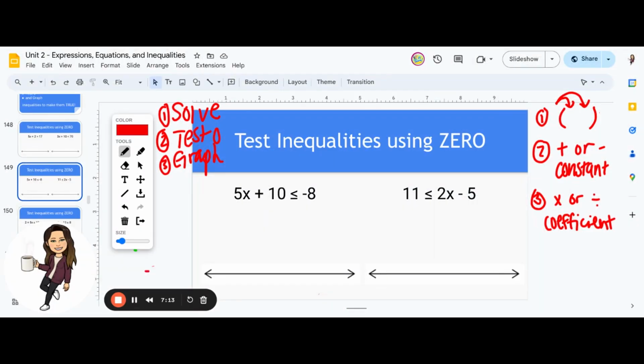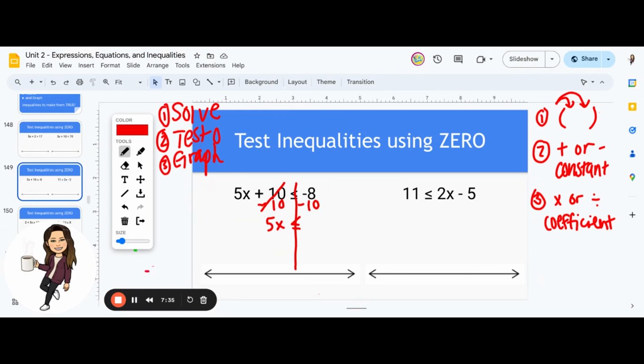All right, so we are going to subtract 10, and then have your line drawn. That'll go away. Bring your 5x down. And then we're going to keep this symbol right here.